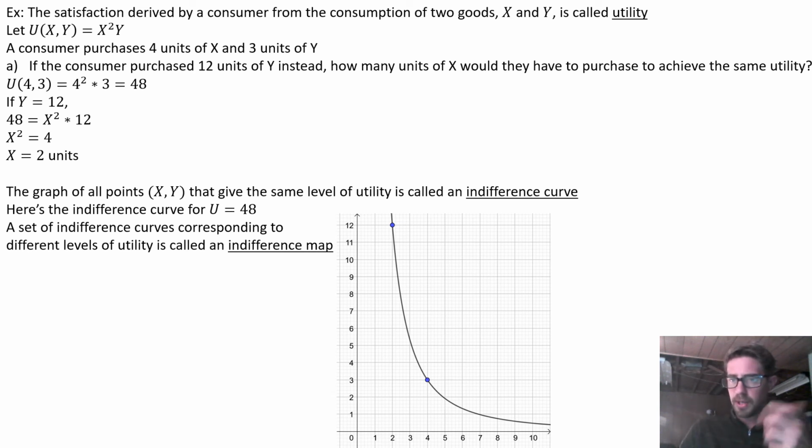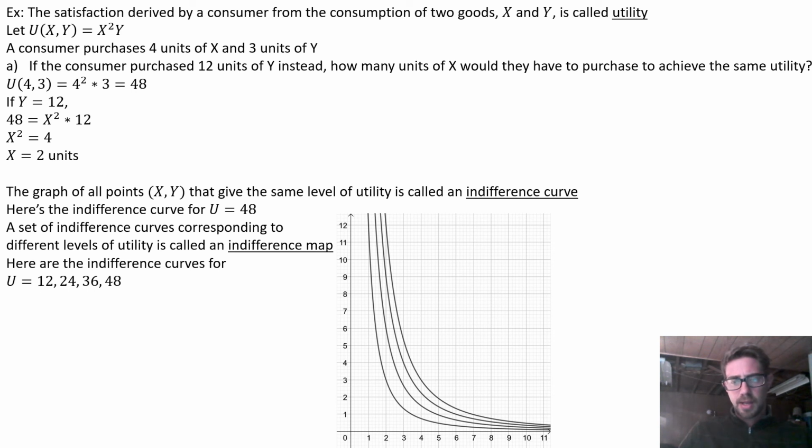So here's one. Those are the indifference curves for, I just randomly picked, u equals 12, 24, 36, and 48. For every one of those curves, no matter where you are along any one of the specific lines, you're getting the same value for u: either 12, 24, 36, or 48.